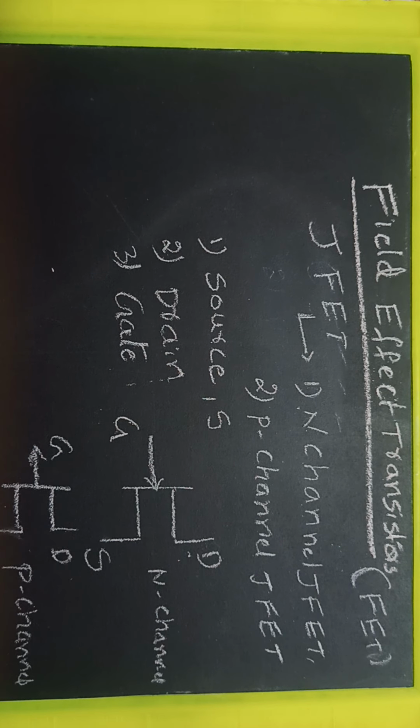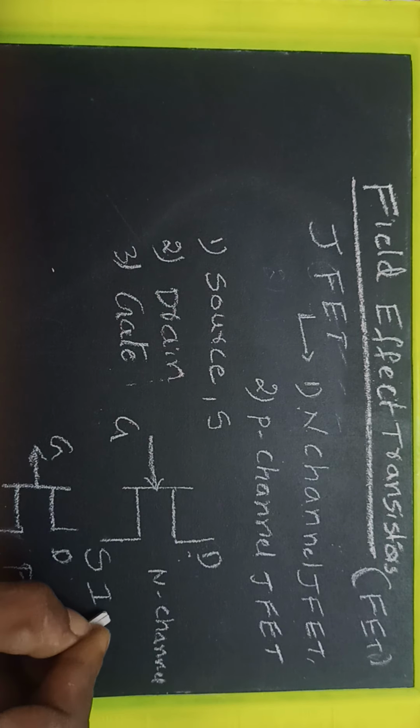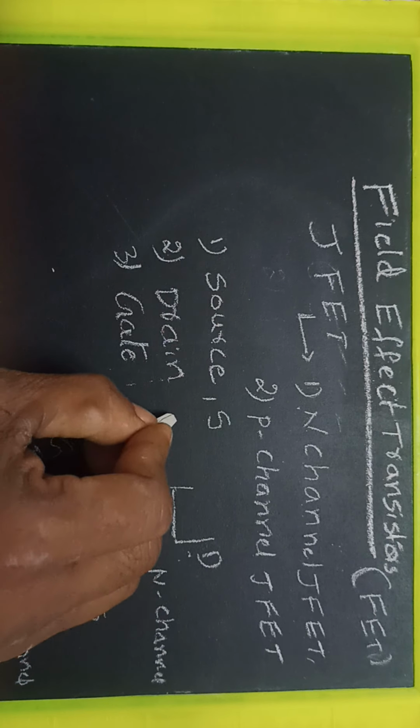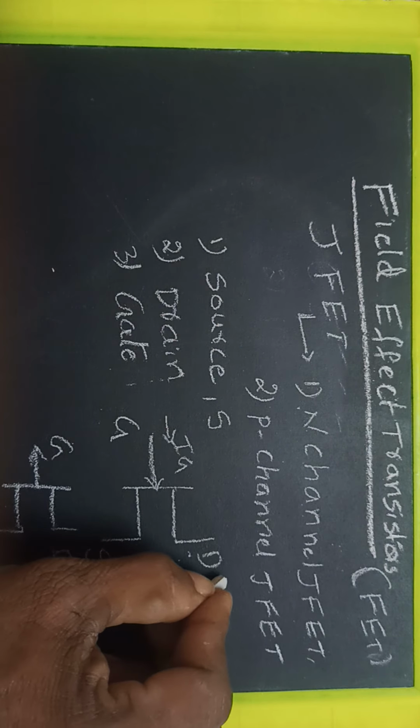The conventional current entering the bar at the source terminal S is denoted IS. Source current is indicated with IS, gate current with IG, and drain current with ID.